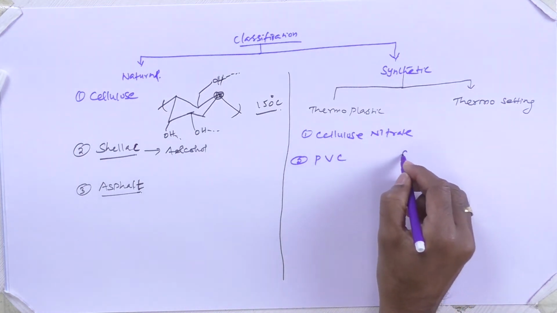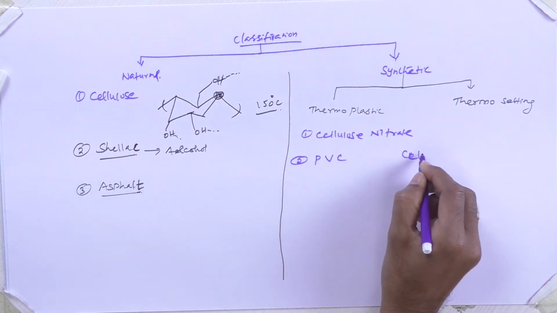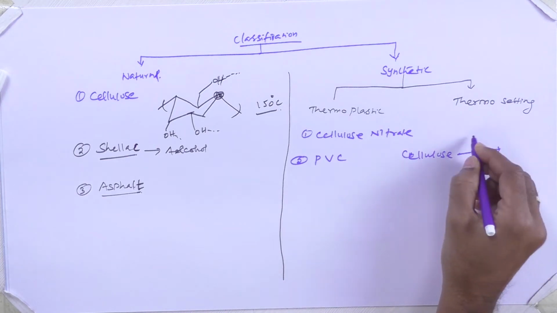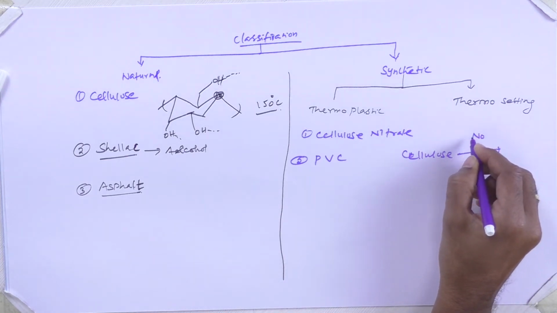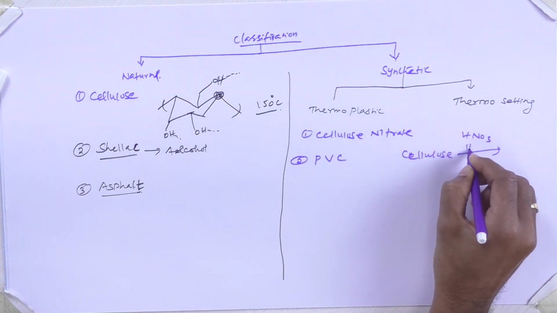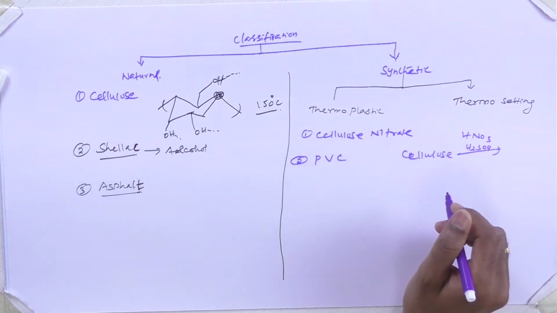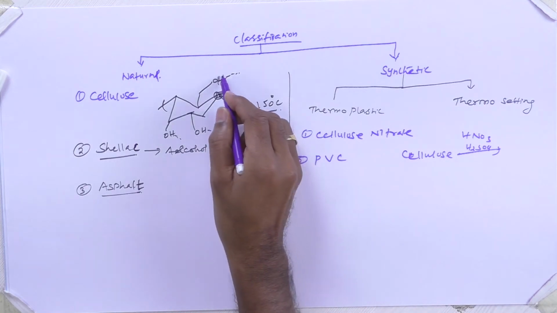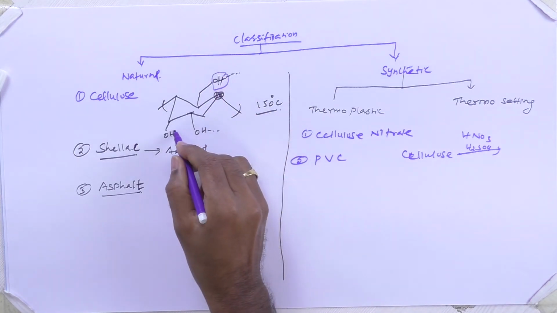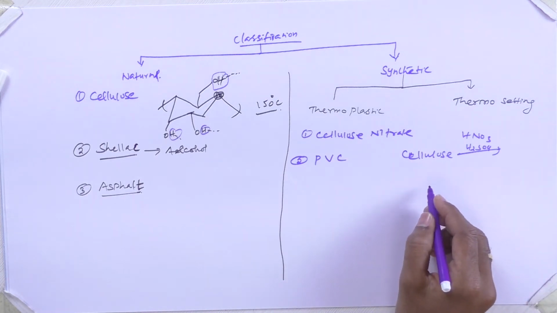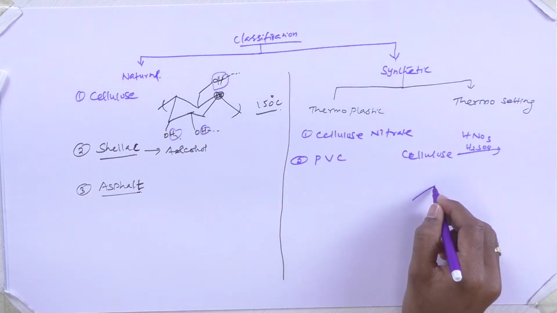So when the cellulose is nitrated with the help of a nitrating mixture, for this we need to use HNO3 and a considerable amount of sulfuric acid. This is called the nitrating mixture. When the nitrating mixture is treated with cellulose, all the three OH groups available on the cellulose get nitrated. As a result, we are going to get a compound like this.